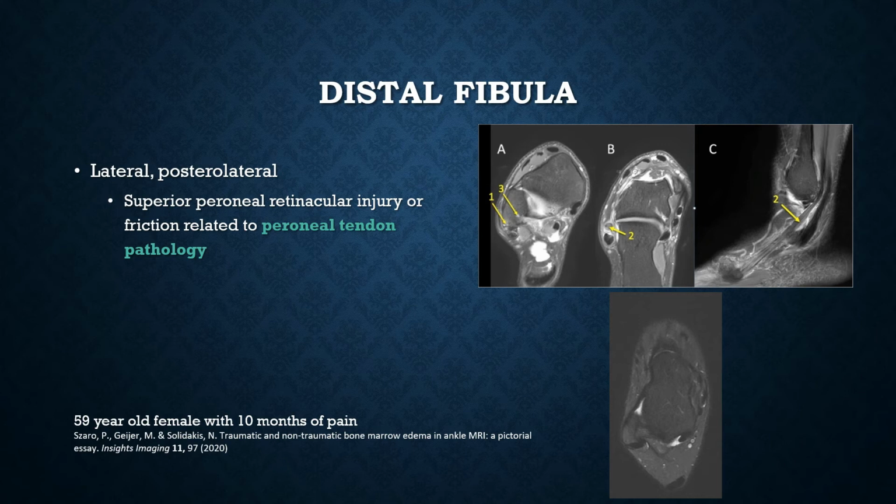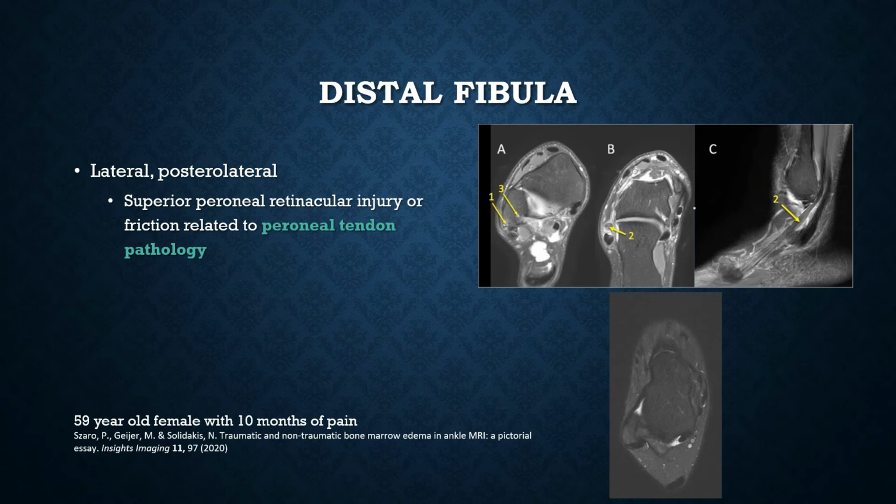In these images, first we have some axial images and a sagittal image demonstrating abnormal signal in the peroneal tendons, in this case the peroneus brevis tendon. You can see that arrow number 2 is pointing to abnormal increased signal intensity and fluid in the tendon sheath, and that is consistent with tendinosis and tenosynovitis.